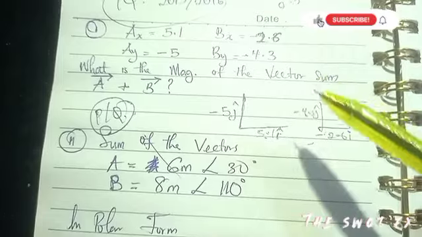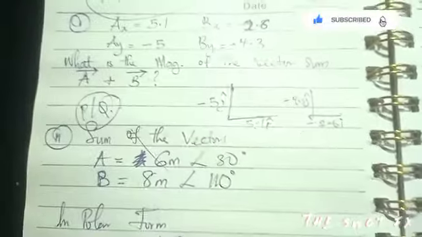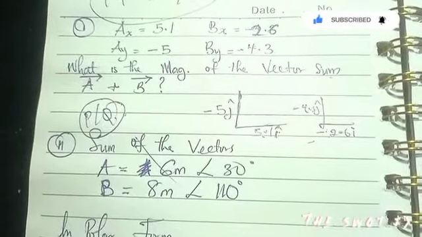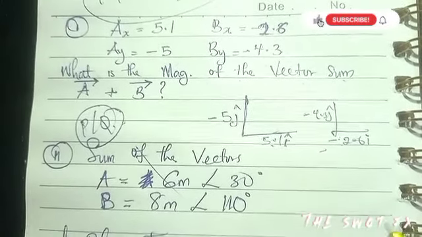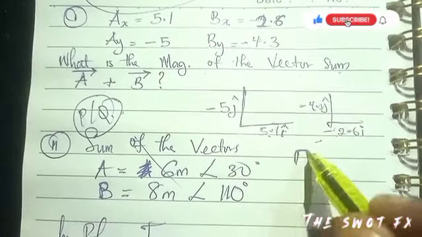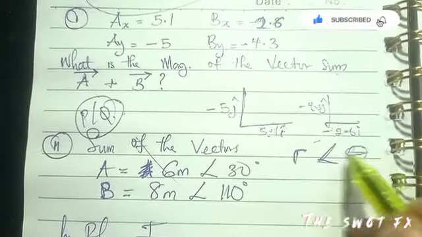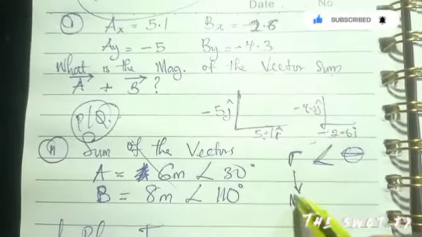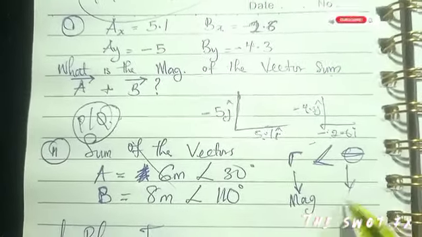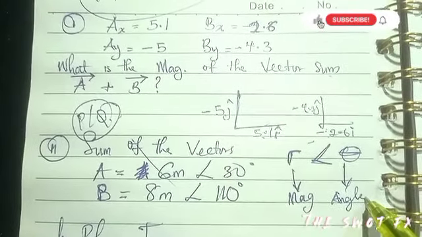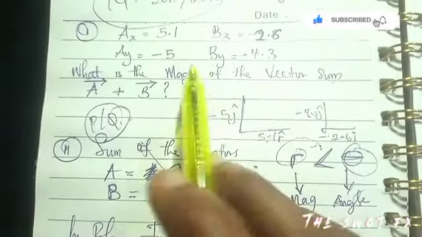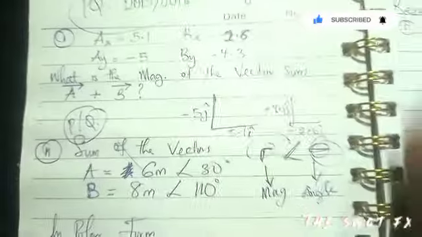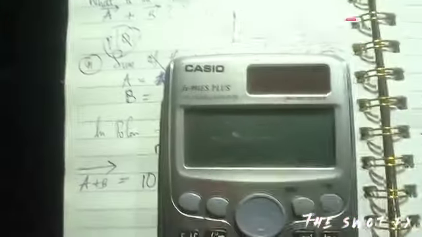The fastest way to solve this is to know that the question is looking for magnitude, and in resolution of vectors we also make use of the principle of polar form, which is R angle theta, where R is our magnitude and theta is our angle. Please let us not forget, it is using the principle of polar form. Now how do we solve this using our calculator, and how do we make it fast? That's what we are going to now. So what you just need to do here is take your question.